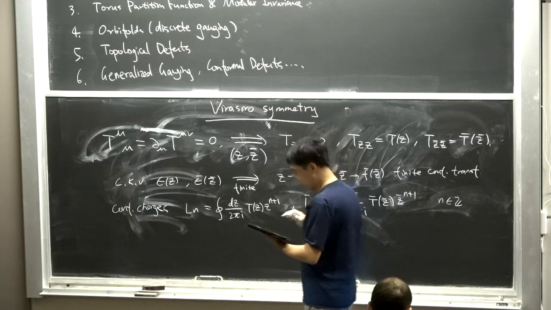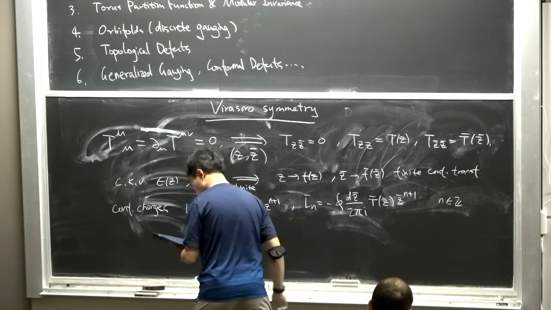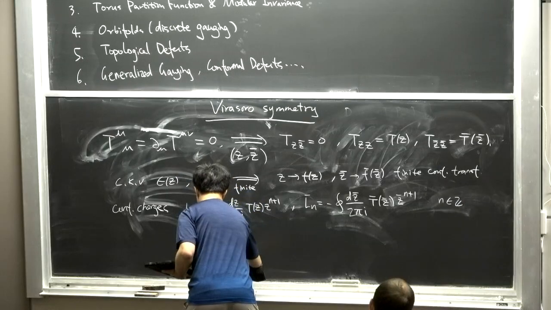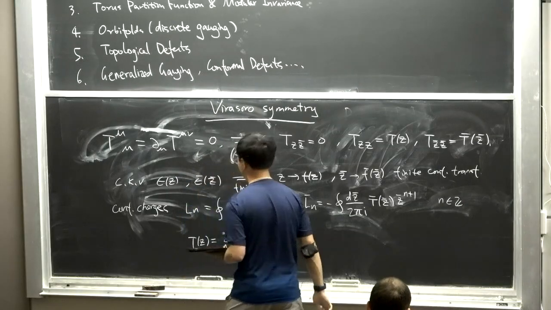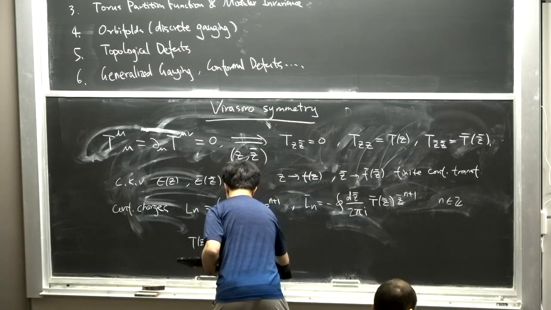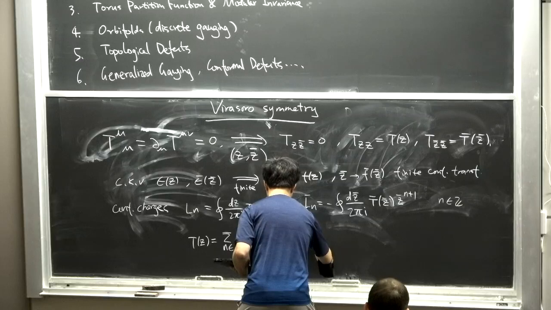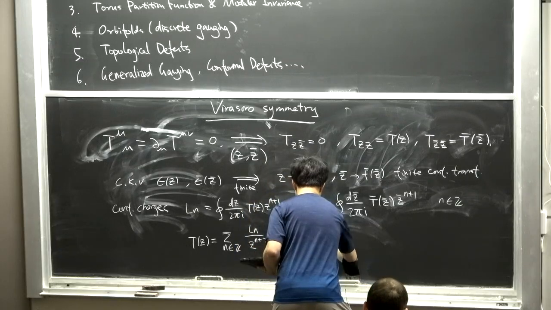The equivalent way to think about this is that for these holomorphic operators, you can do a Laurent expansion, and the coefficients of the Laurent expansion are these conformal charges, which will act on local operators. So it's just the equivalent way of writing the above integral.